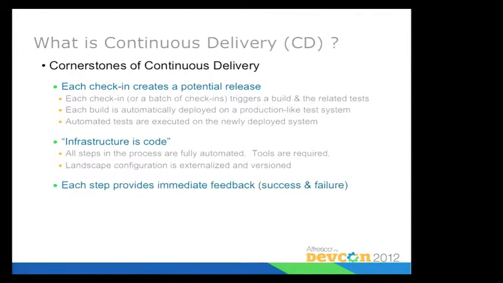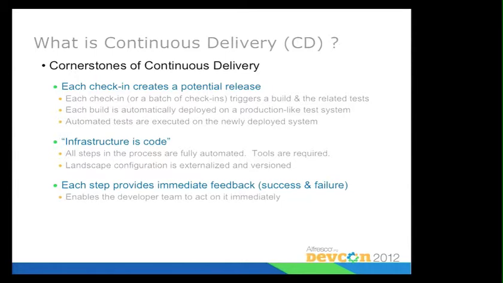The third cornerstone, this is something that actually comes from the continuous integration people, is that every step of this automated process delivers immediate feedback on what you've done. So if the build fails, if the deployment fails, if the tests fail, you will get immediate feedback, notification maybe in your ticket system, maybe by email, maybe by whatever means, and it will show you what check-ins caused the build to break or what check-ins caused the deployment to break.